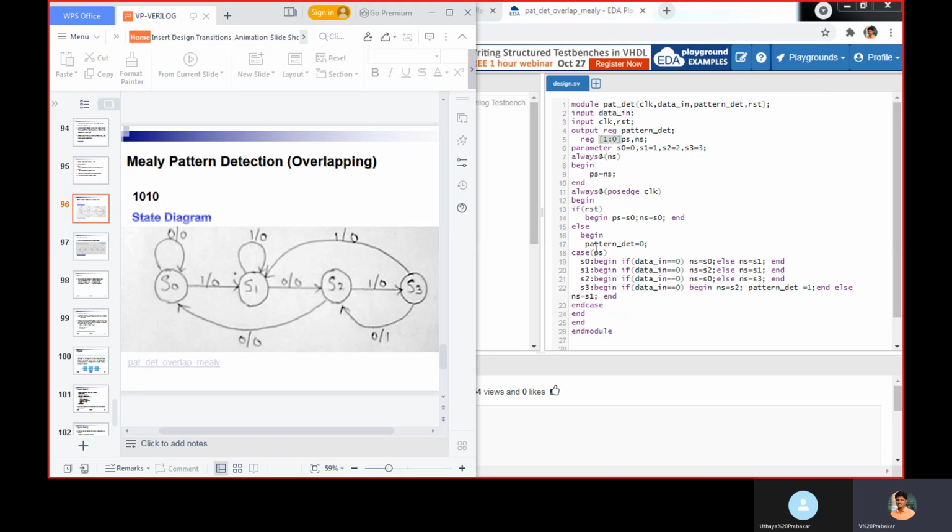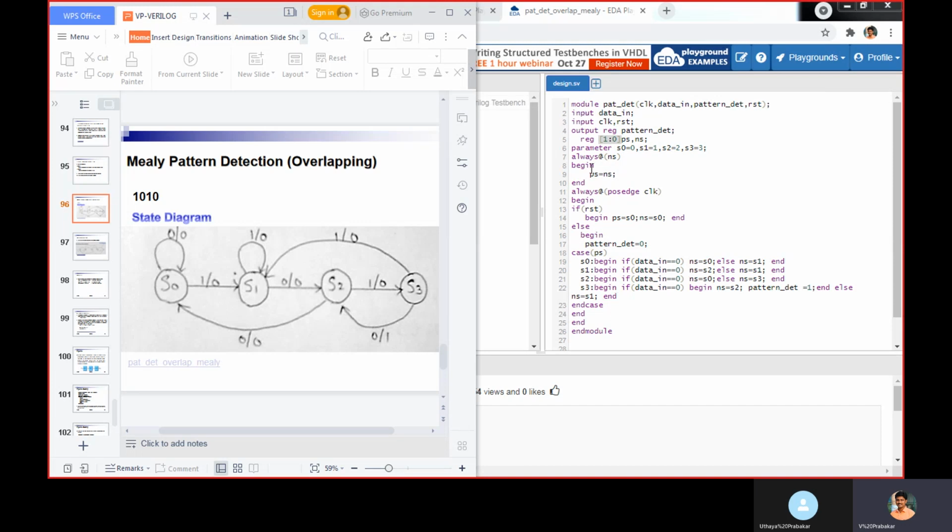The same way it will do for all these state changes. Finally, if we reach S3, we are checking data in. If data in is 0, next state is S1, and we make the pattern detect 1. This is the output. Else, if data in is not 0, we are moving to S1.